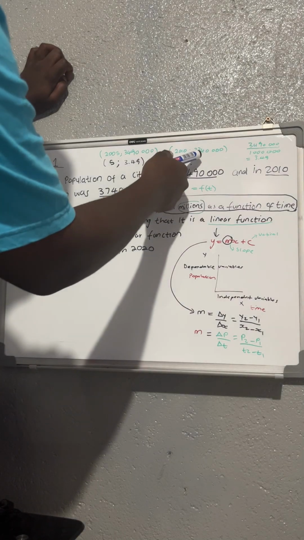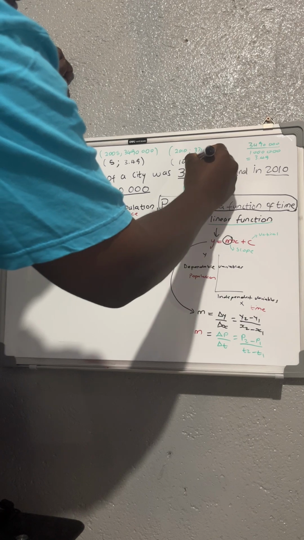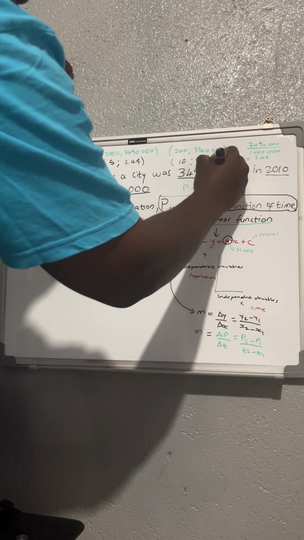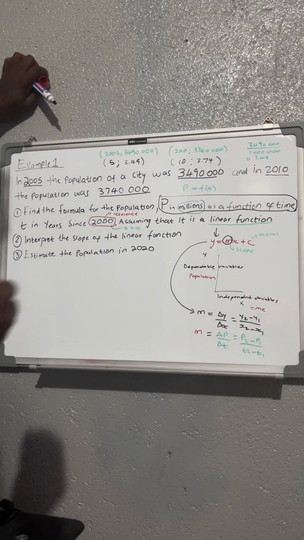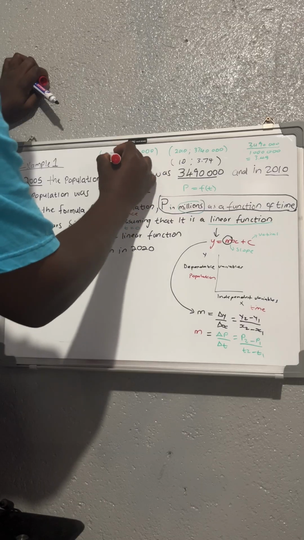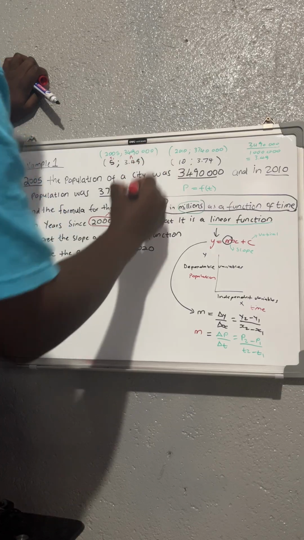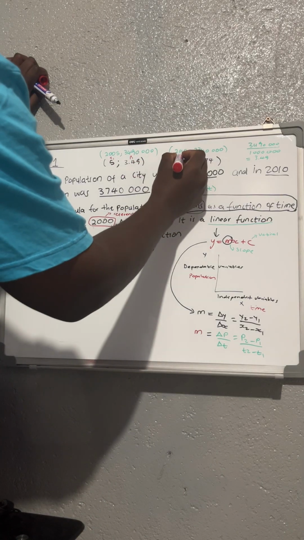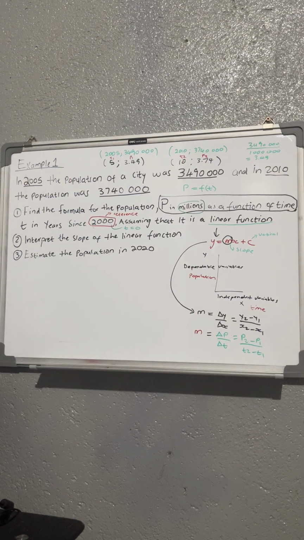You will say 3.74 00, then you divide it by a million, then it's going to give you your 3.74. Then what do we have in this case? Here we can say we have our T1 and P1. This side will say we have our T2 and P2.